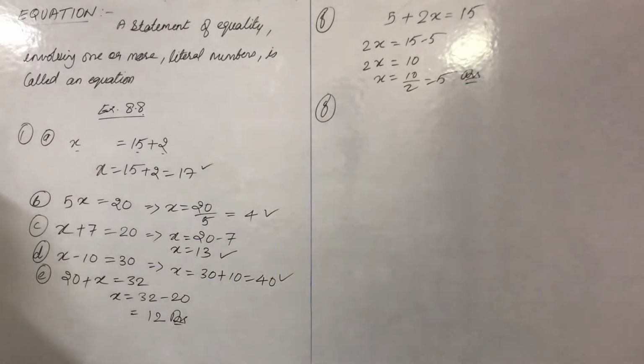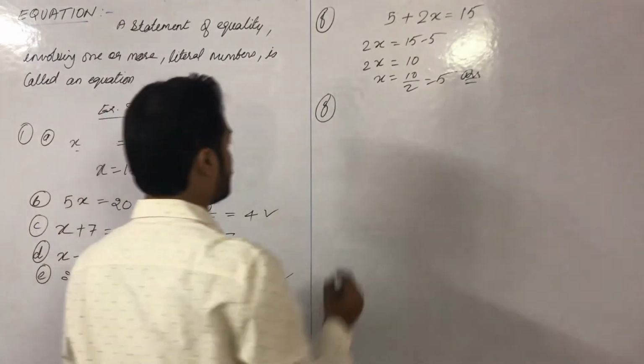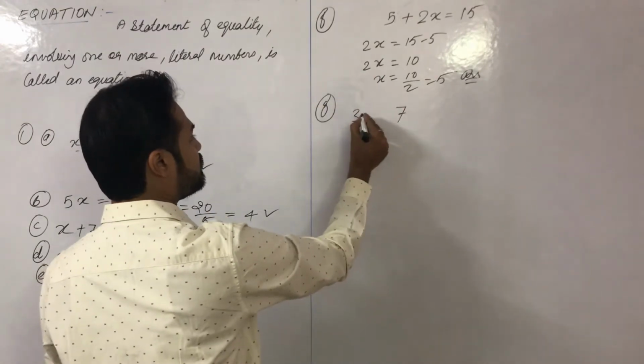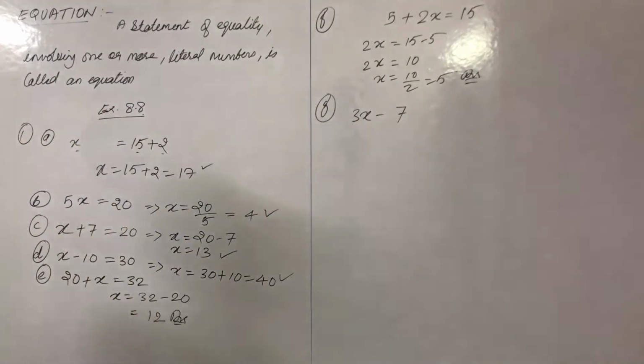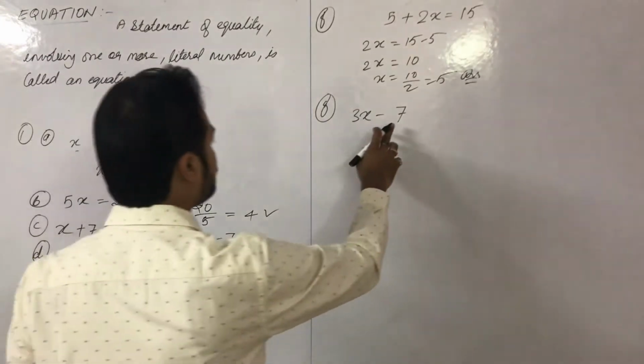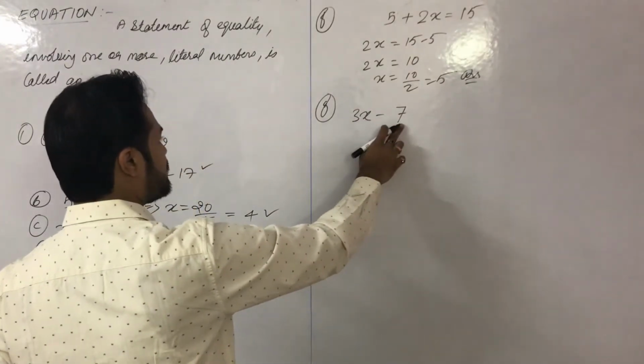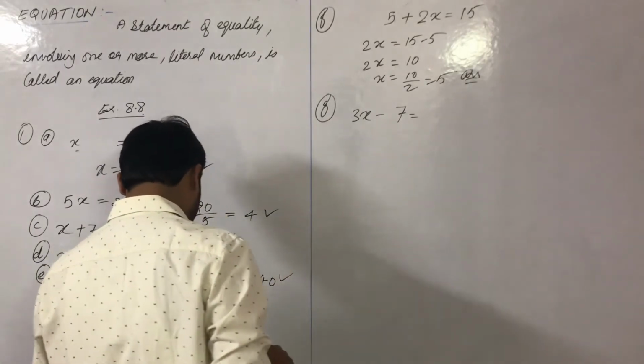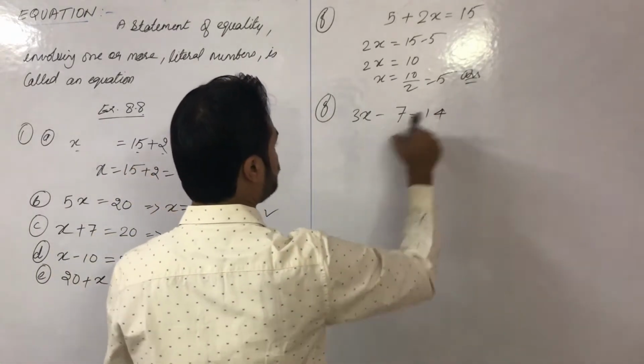Then part G: when 7 is subtracted from thrice a number. Thrice a number means thrice of the unknown, thrice of x, 3x, minus 7. So 7 subtracted from thrice a number is 14.